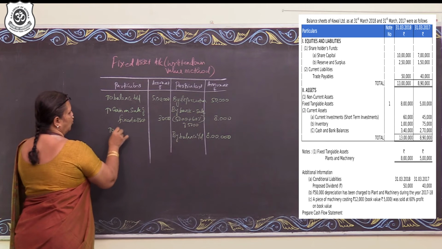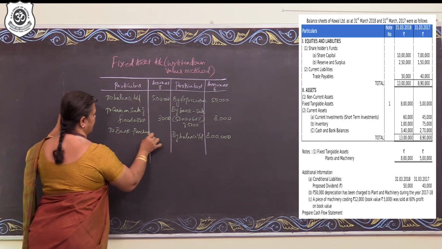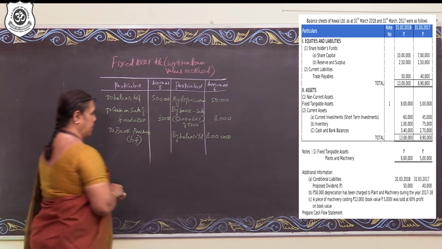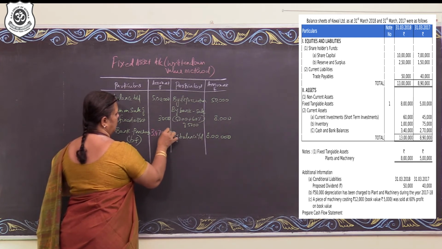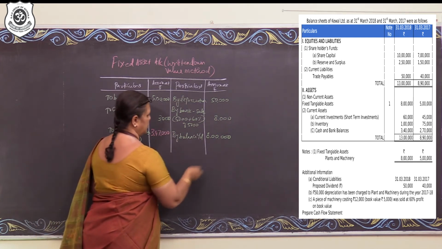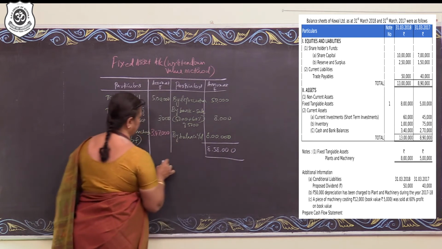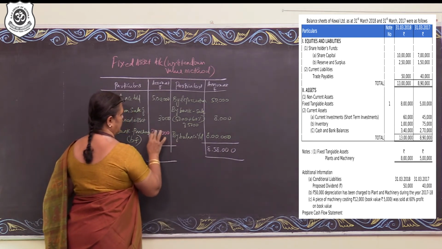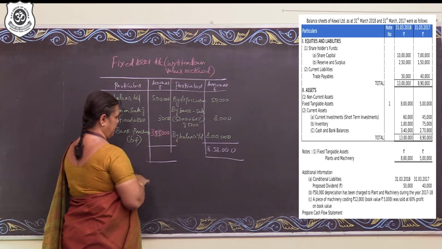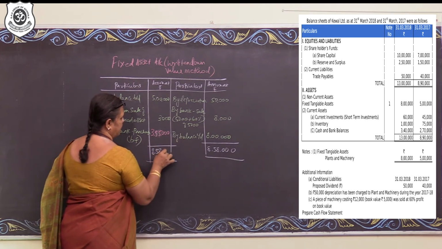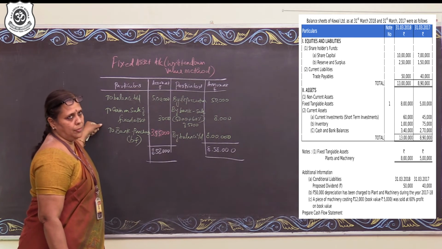Therefore, we will get to bank purchase, which will be our balancing figure, which will be 3,47,000 plus 8,000. 8,58,000 is the total. We get bank purchase to be 3,55,000.